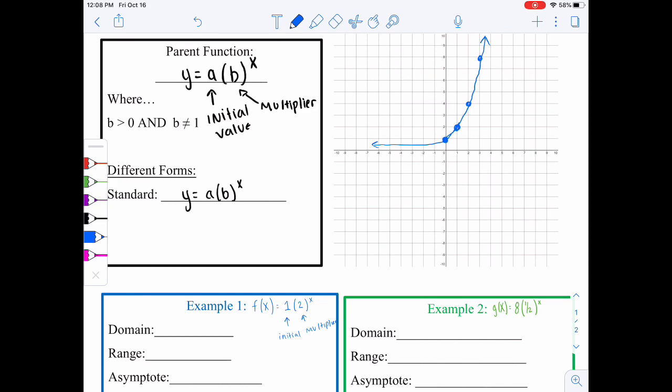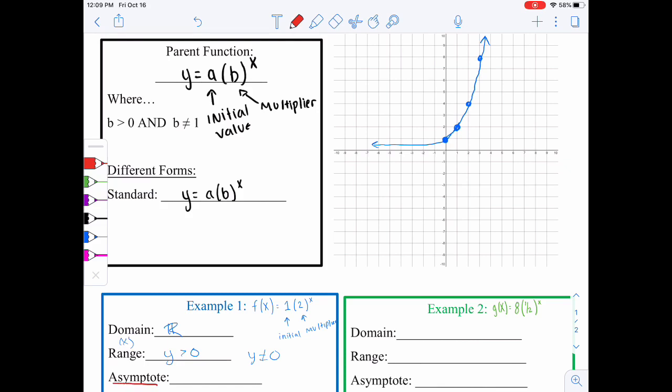Let's talk about the domain and range. Domain is a list of all possible x's. So my domain is all real numbers. And my range is all the y's greater than 0. It does not equal 0. Y will not equal 0 because I have an asymptote at that line.